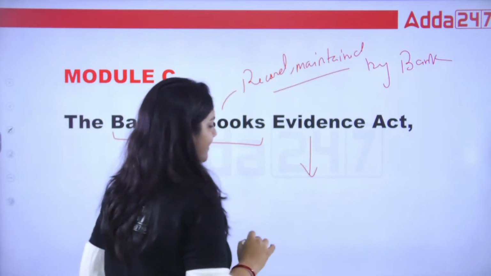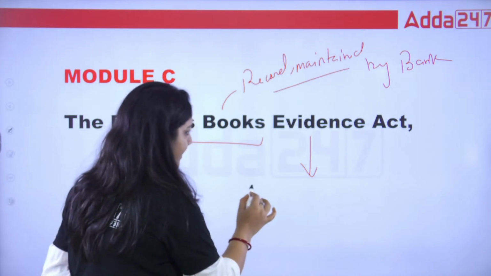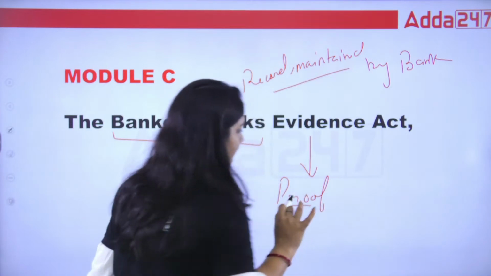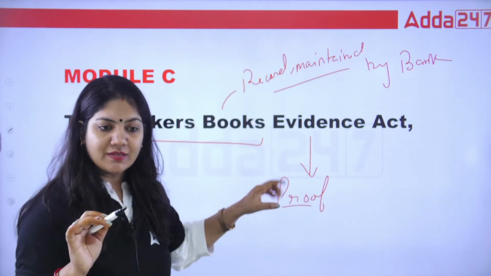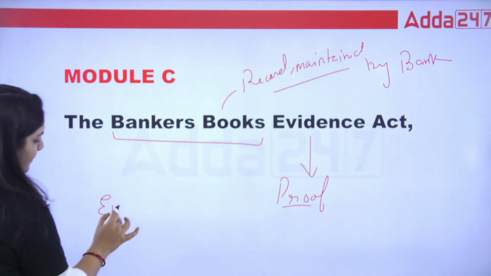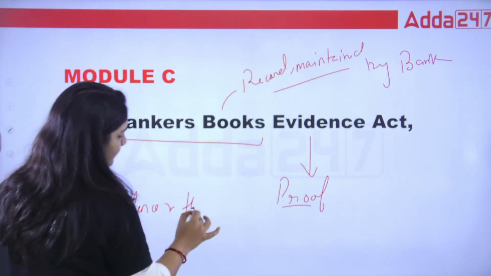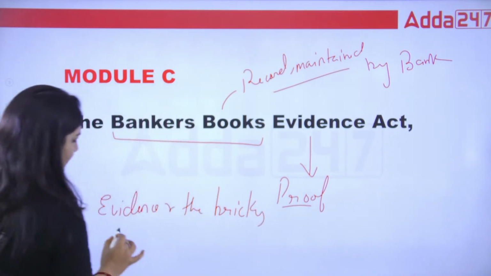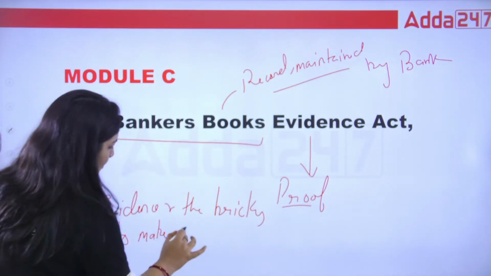Evidence is basically, there are two words, evidence and proof. What is the basic difference between evidence and proof? See, evidence are the bricks to make the wall of proof.